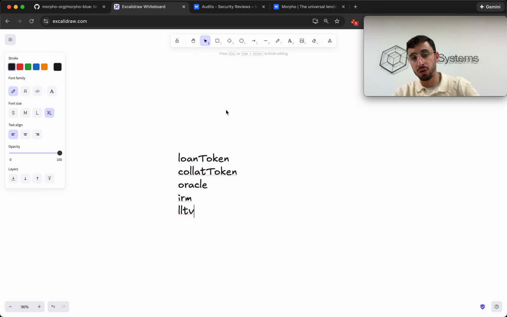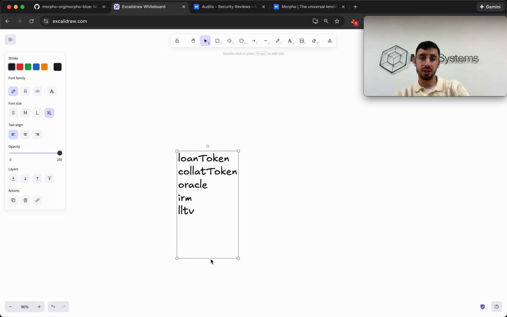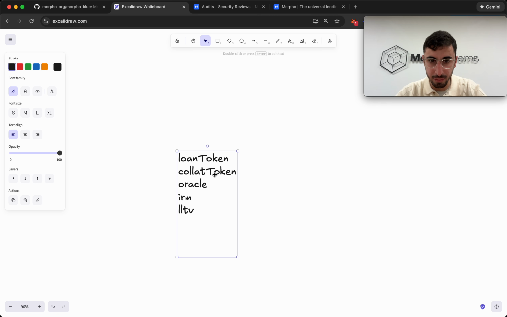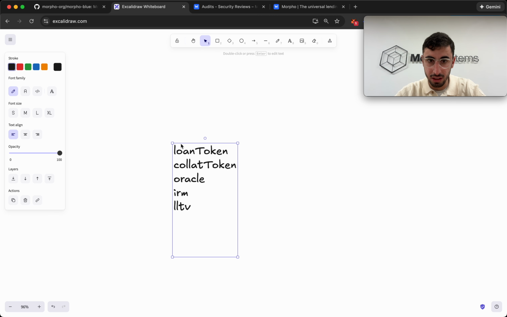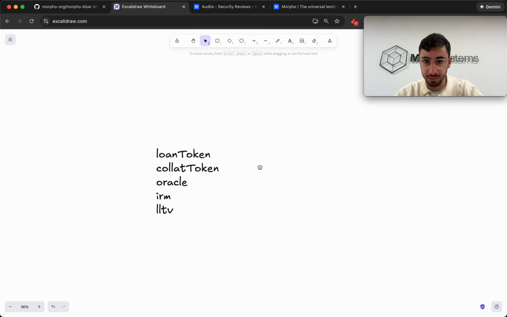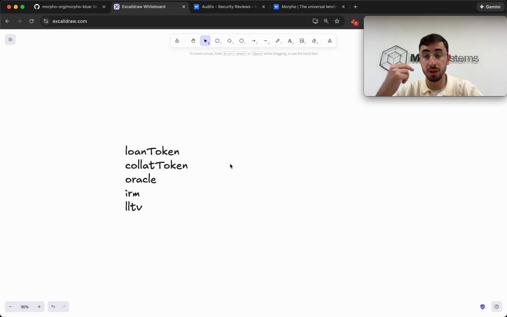LLTV. So okay, let's say you want to create a new lending market. What does that mean? So a lending market has a loan token, okay, which you're actually going to borrow, and the collateral token that you're going to put in as collateral.